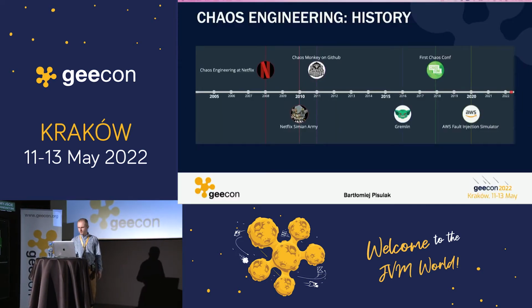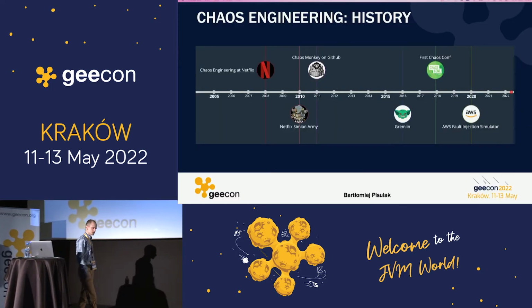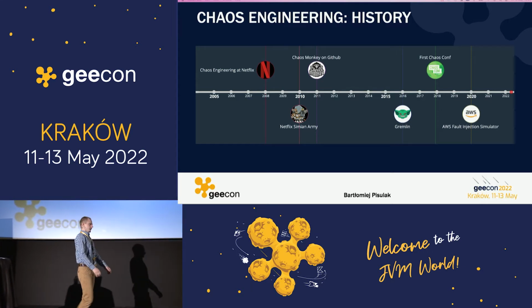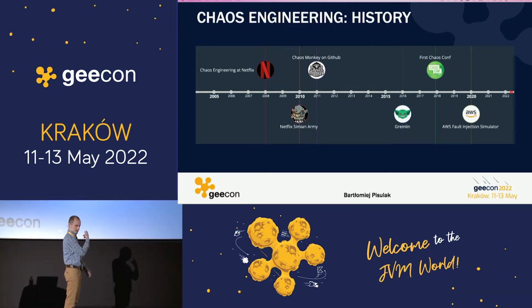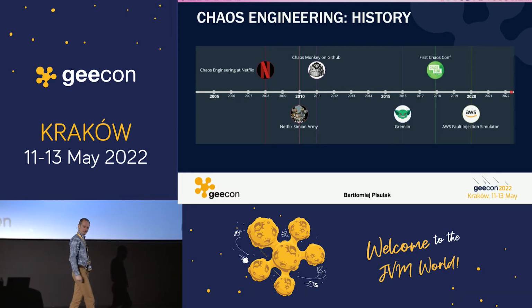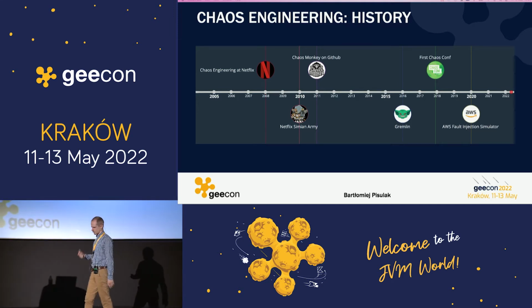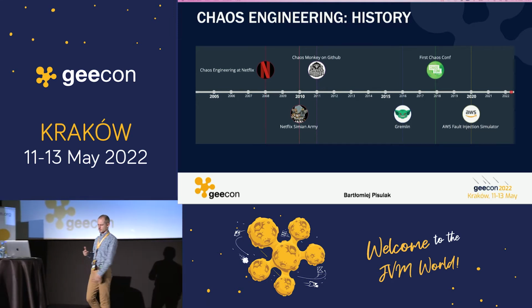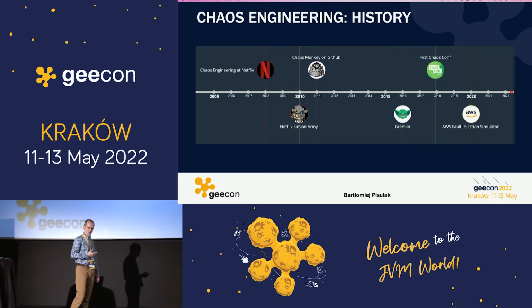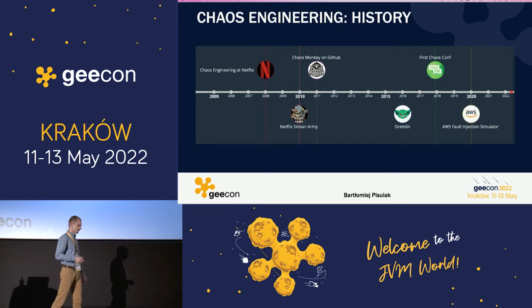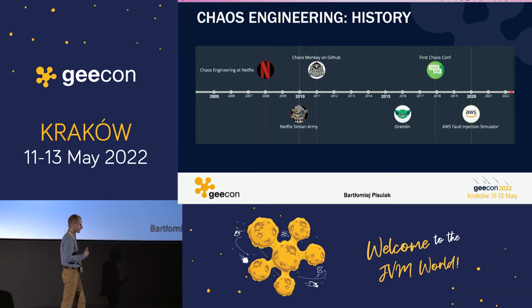A few words about the history of chaos engineering. In 2008, Netflix was quite a young company at that moment. They suffered a very famous and very tough outage. If I recall correctly, they were down for 3 days. And you're going to see on the next slide how much impact it might have for the business.